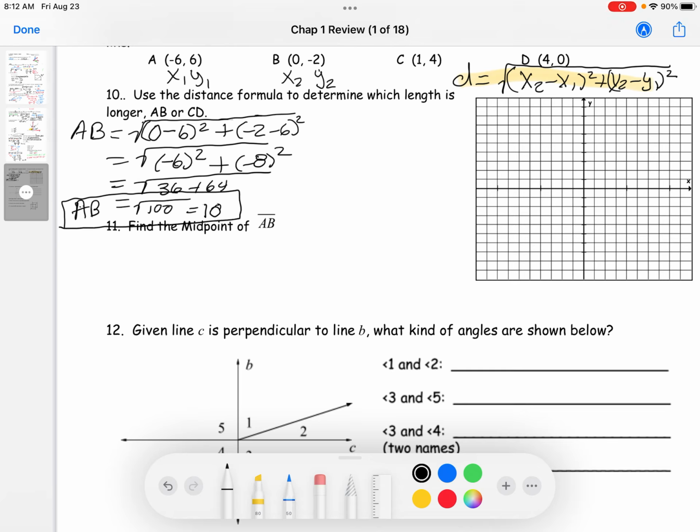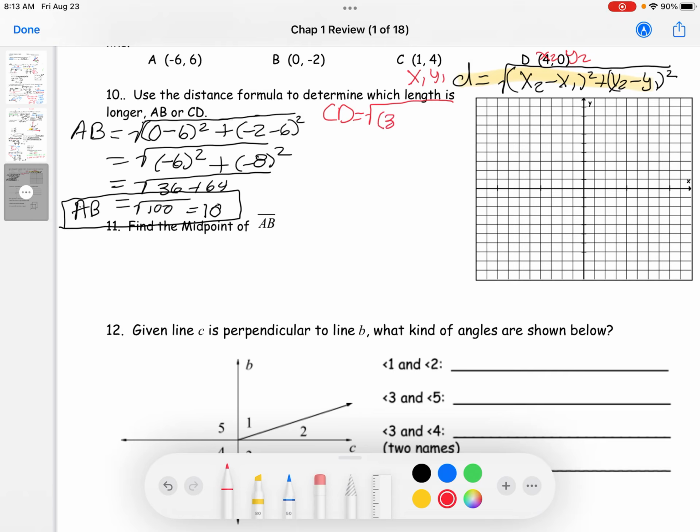I'm going to do the same thing for CD, but I'm going to make it a little shorter so I can conserve some space because I'm running out of space here. I'm going to erase these x1s and y1s. This time, this one's x1, y1, and this one is x2, y2. I'm just going to subtract them from each other and go from there.